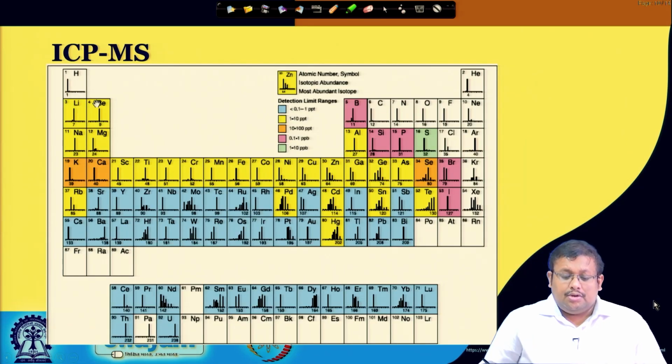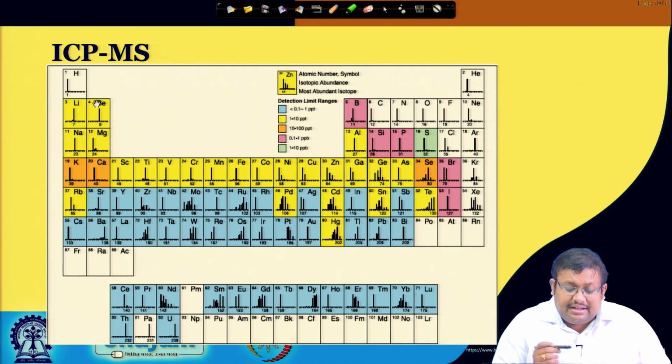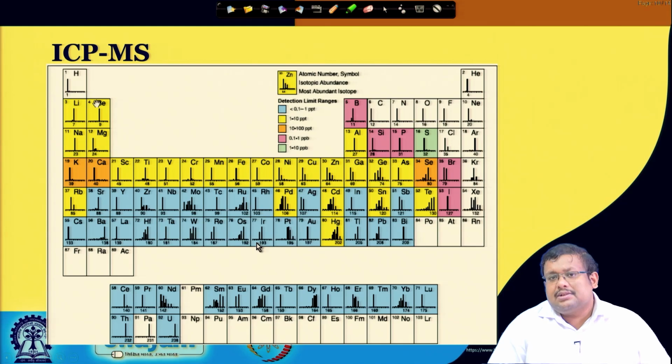This chart shows the different elements which are measured by this ICP-MS, and you can see the detection limit range. The light blue shows less than 0.1 to 1 ppt. So, these elements can be measured even if they are present in very small quantity in the soil.